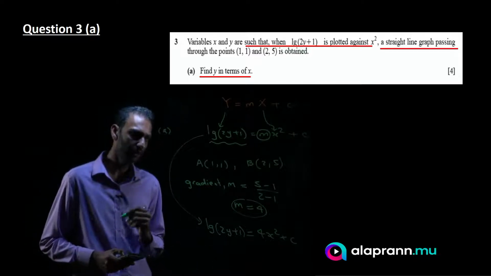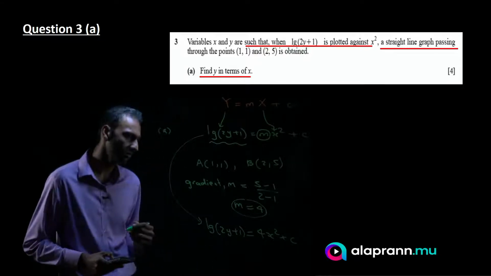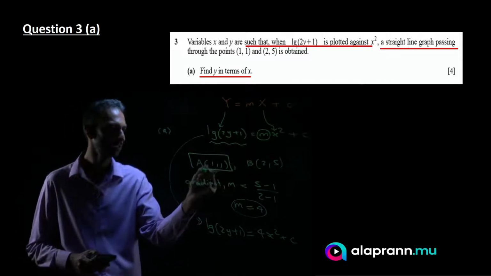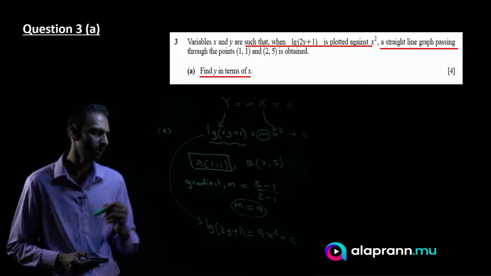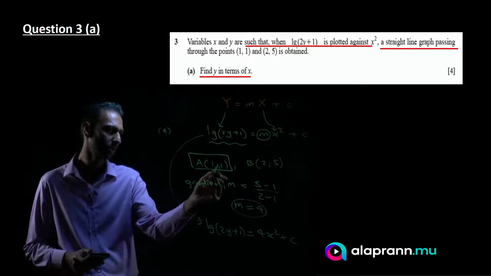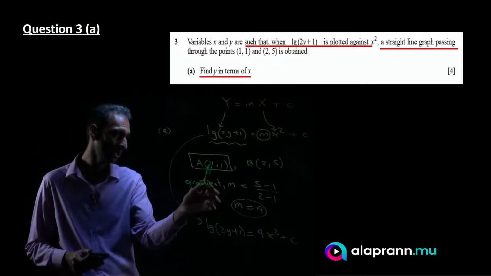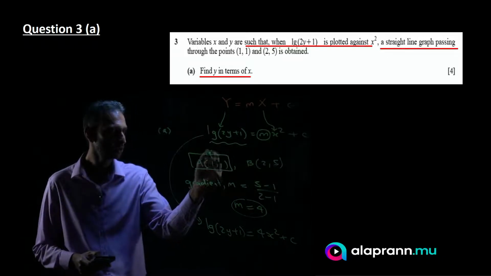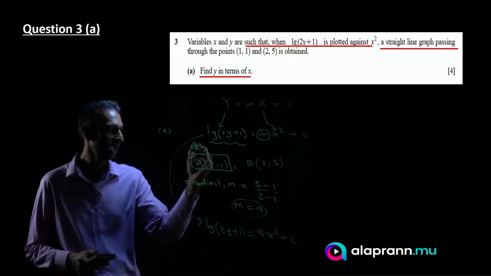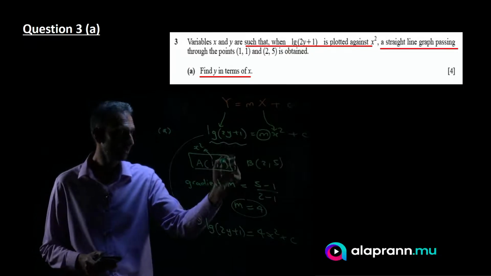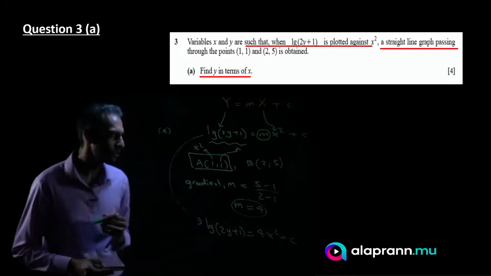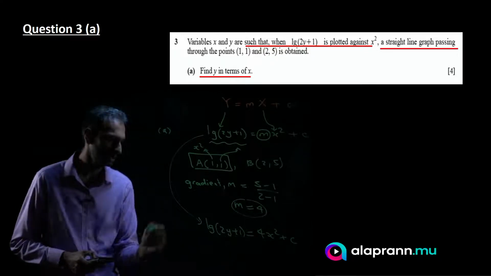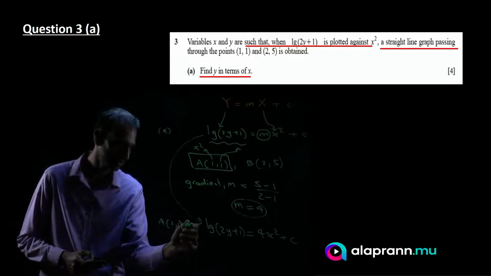Now, to find the y-intercept, we need to use a point which is given. If I look at the points, you see that (1, 1) is the simplest one. So when I say the point A is (1, 1), it means that the x-coordinate on this graph, which is x squared, is 1, and the y-coordinate on the same graph is basically log of 2y plus 1. So if I substitute, I'll write the point here so that you can see it straight away.